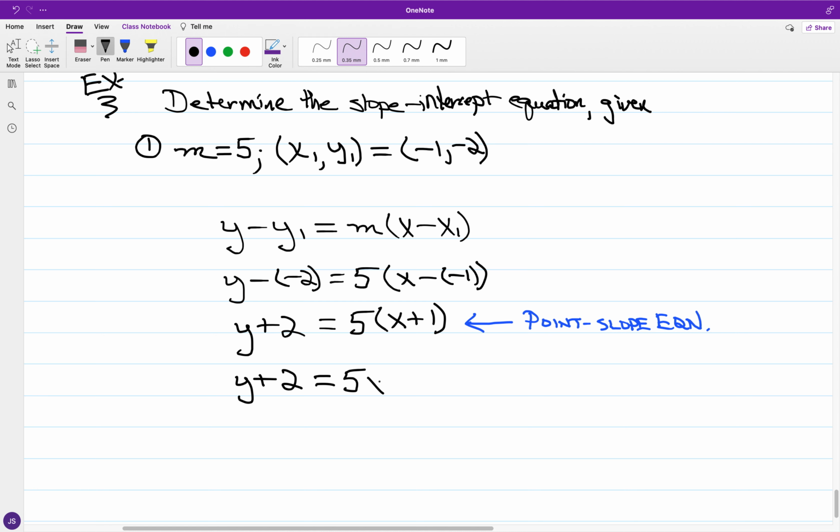So this is going to be 5x plus 5. Then we get y by itself. If I take 2 away from both sides, we have y is equal to 5x plus 3. And so this is going to be our slope-intercept equation.